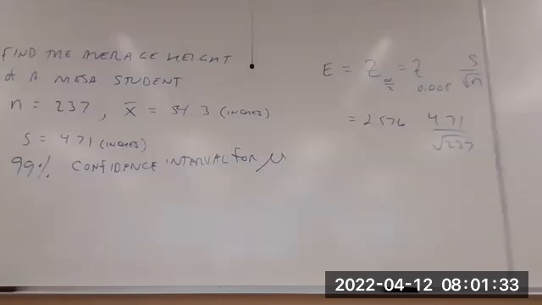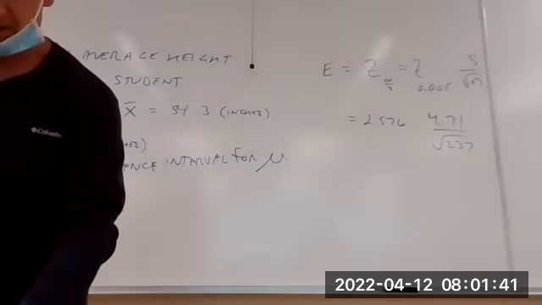All right, so what do we got? 2.576 times 4.71 divided by square root of 237. Got a number?